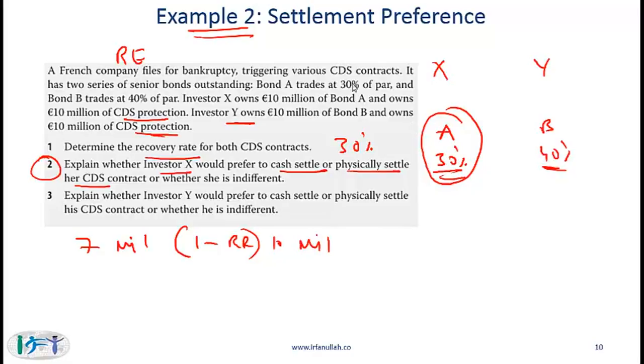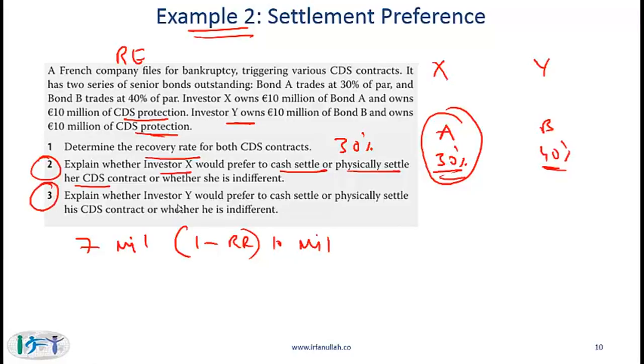Note that she does own the bond, which is now at 30% of par. The alternative is that she can physically deliver her bond for 10 million. So in both cases, she will receive 10 million.